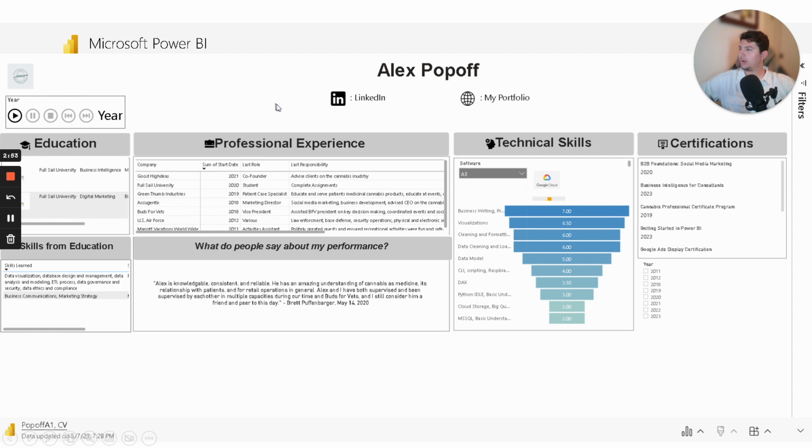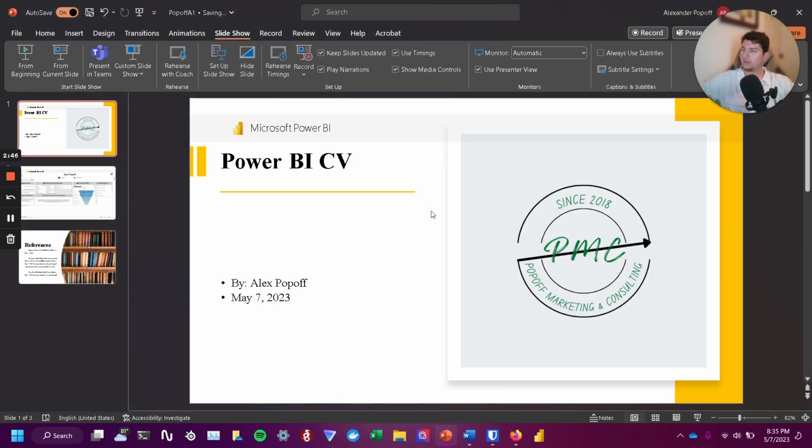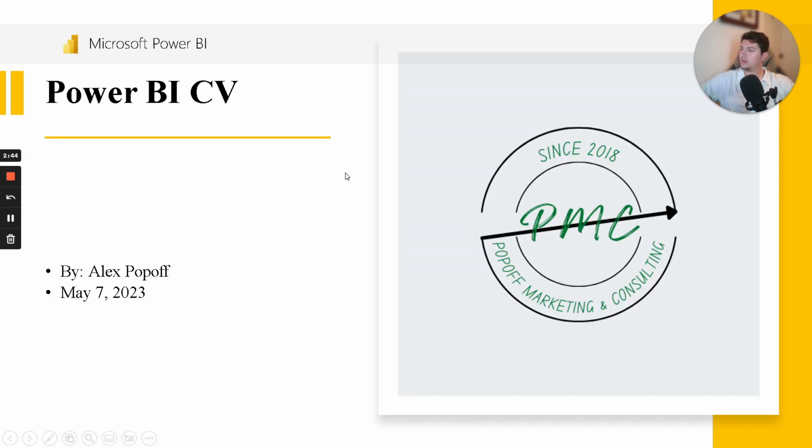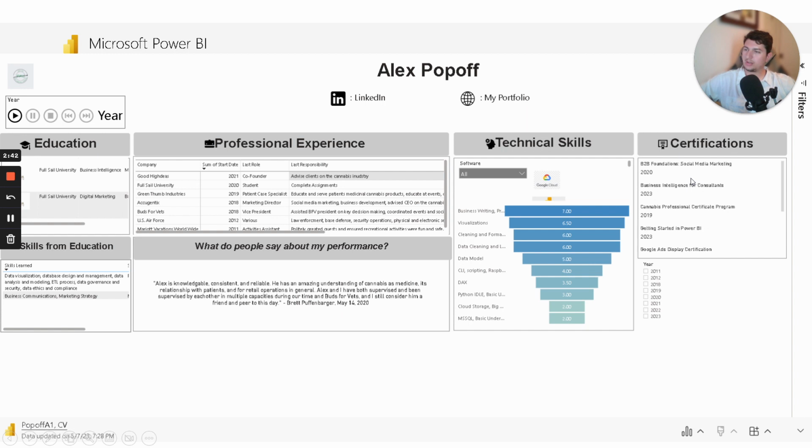So moving forward, we also have this link to my LinkedIn and to my portfolio. We've got a skills section over here, but we also have certifications, and we've got a year slicer that works similar to the year setting up over there.